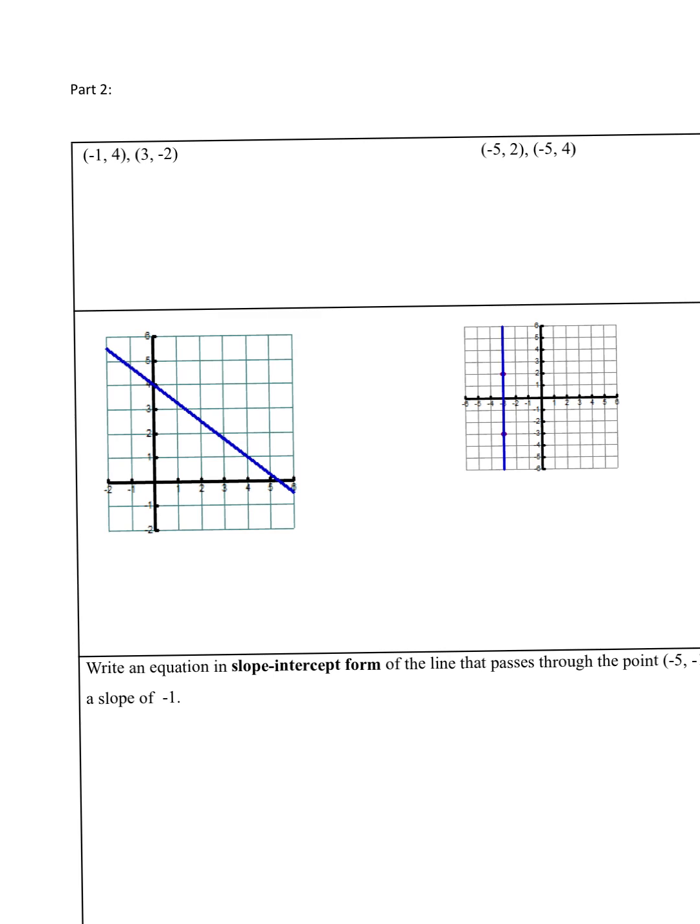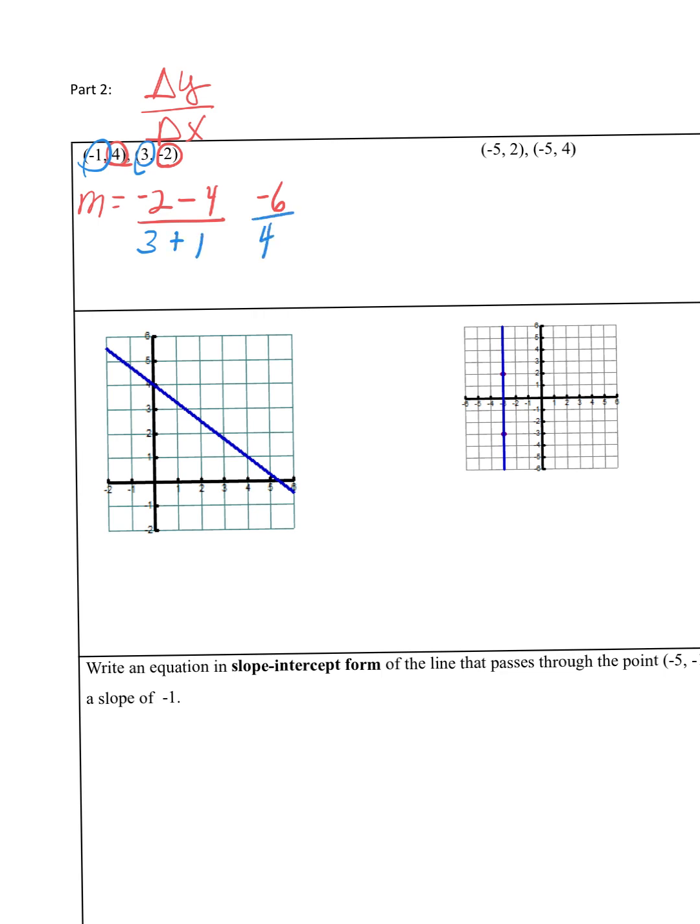For this part of our review, we are going to start with slope. And so remember that slope is the change in y over the change in x. And so if we go to look at slope, we're going to say that that is our y value, -2, minus our other y value, 4, over our change in x, which would be 3 minus a -1.